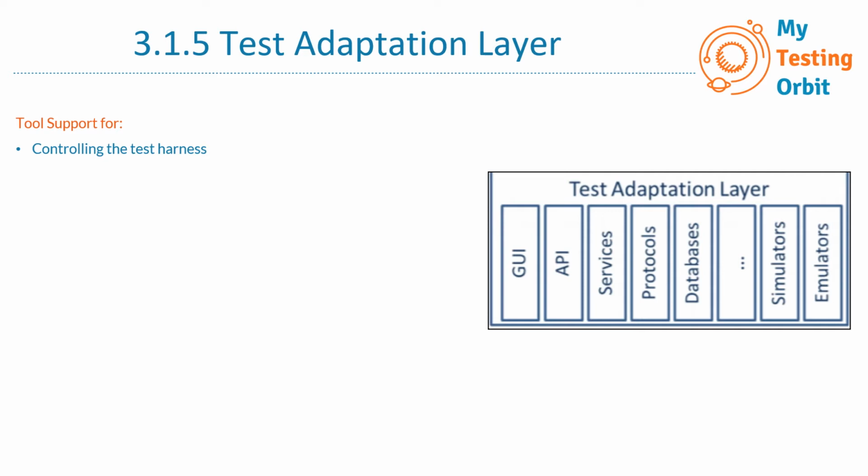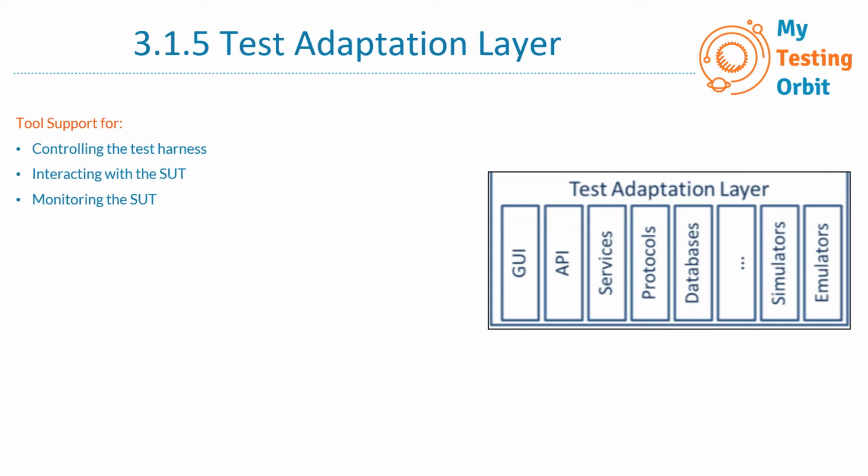And then the second one is interacting with the system under test. Again, there can be different tools used to interact with the system under test. There can be different adapters to connect to the system under test via GUI, API, services, protocols, databases, simulators, etc.